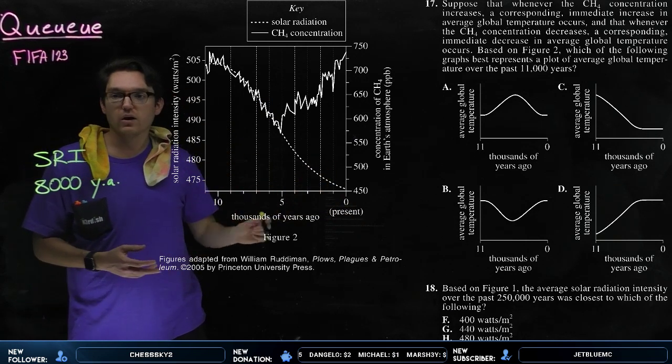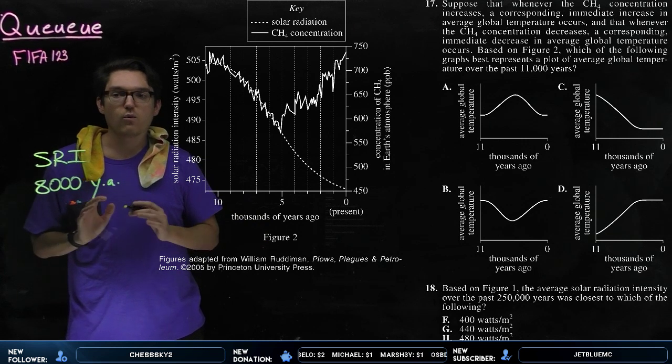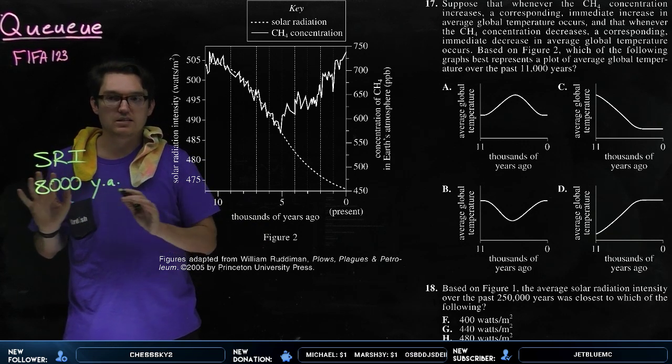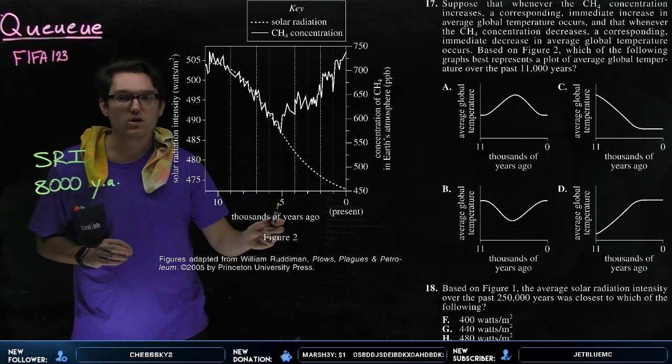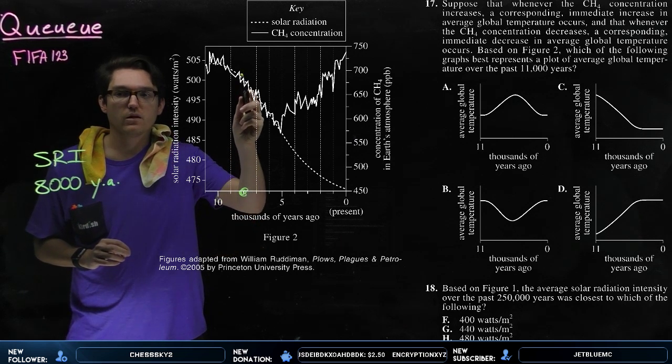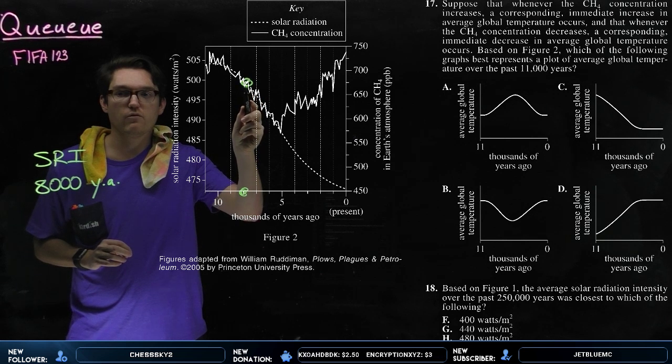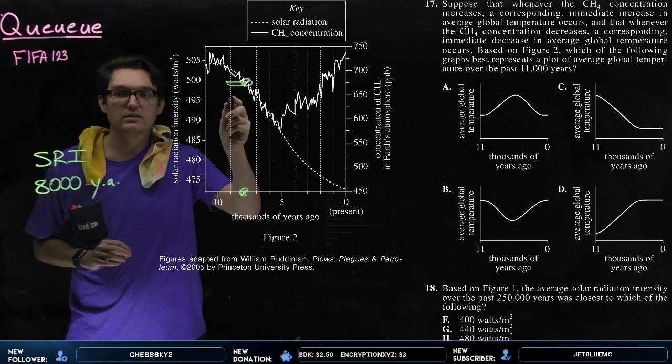So we're asking 8,000 years ago. Where would that fit on our graph? Time is on the bottom, thousands of years ago, and we want to go to 8,000 years ago. So we have 5, 6, 7, 8. Right here, this is the right time. And now we just go upward. It looks like it's right around here. If we now bring it to the left to read it, it's a little low. It's around 500.